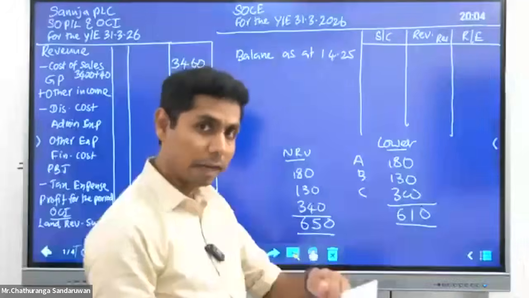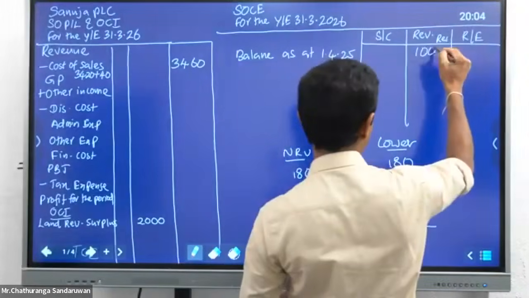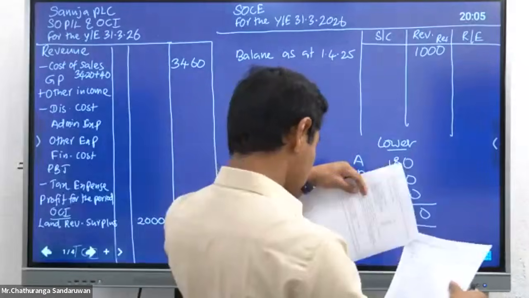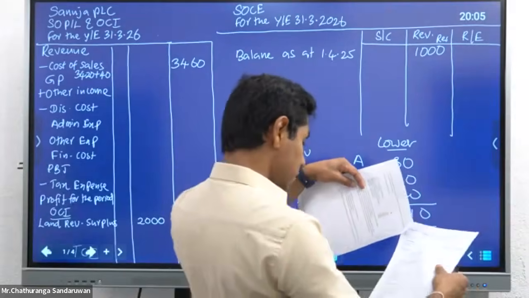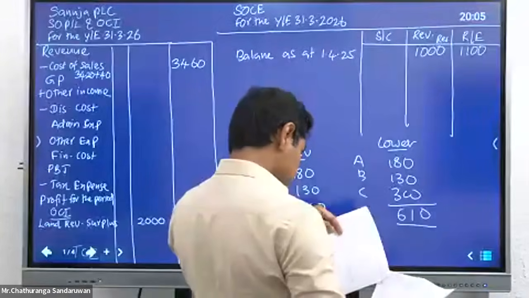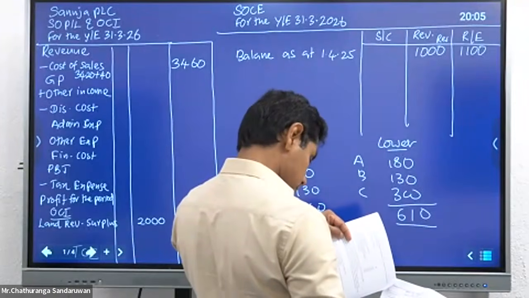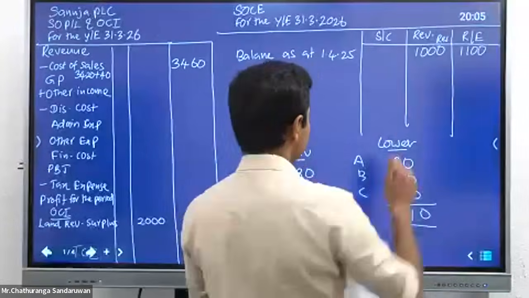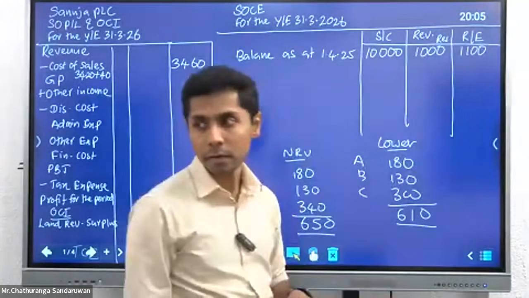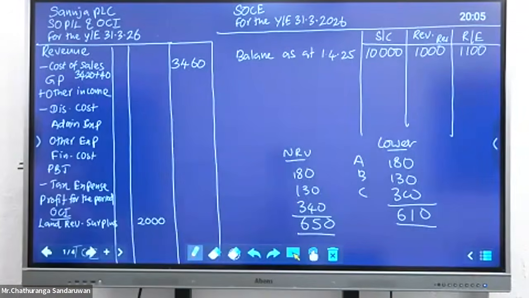Buildings as at 1st April 2025, that is coming from the previous year. So here the balance is 1,000. And if I put the other balances as well, the retained earnings at the beginning 1,100. Stated capital at the beginning should be 10,000, right? 10,000. So please put the balances.